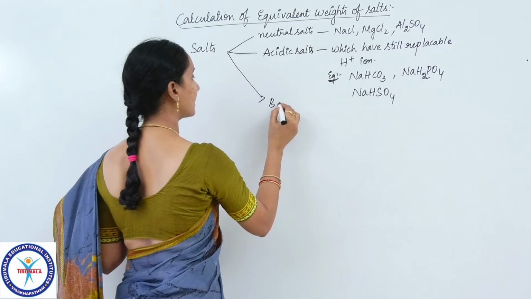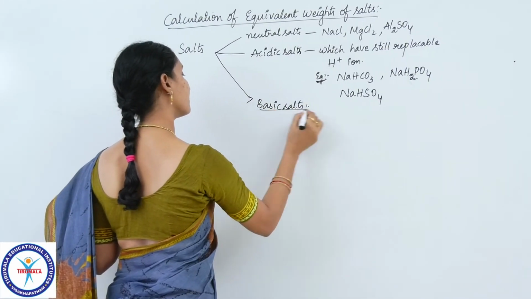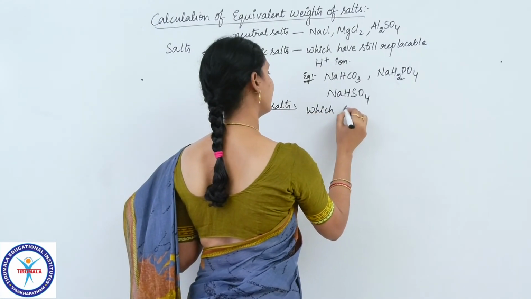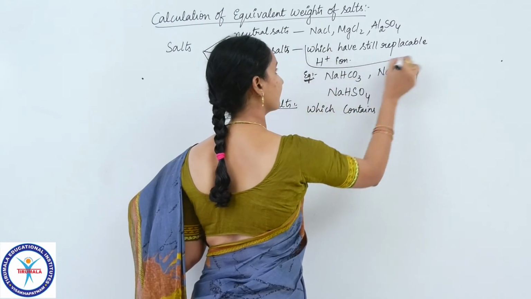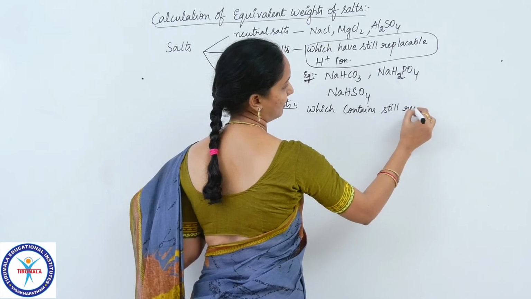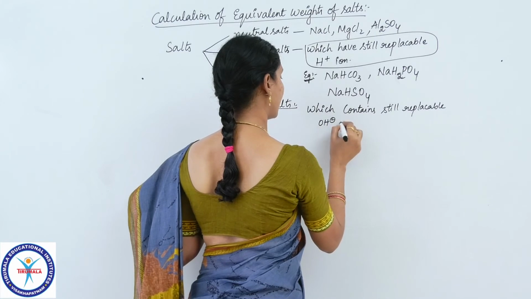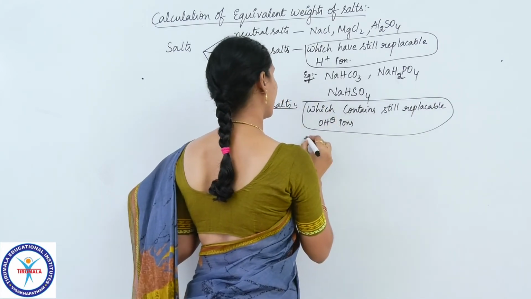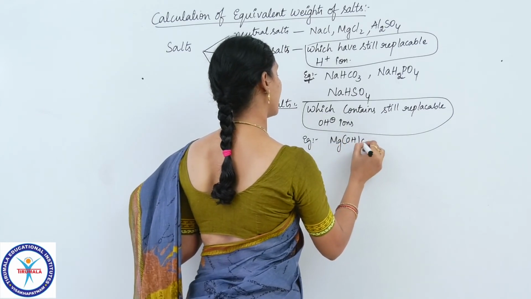And we have the third category, that is basic salts, which contain replaceable OH minus ions. Examples, if you take MgOHCl.